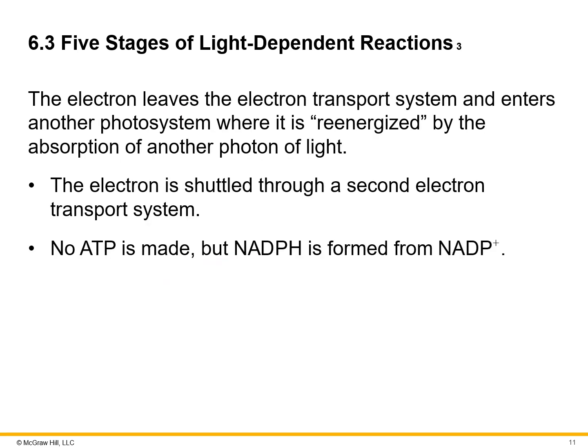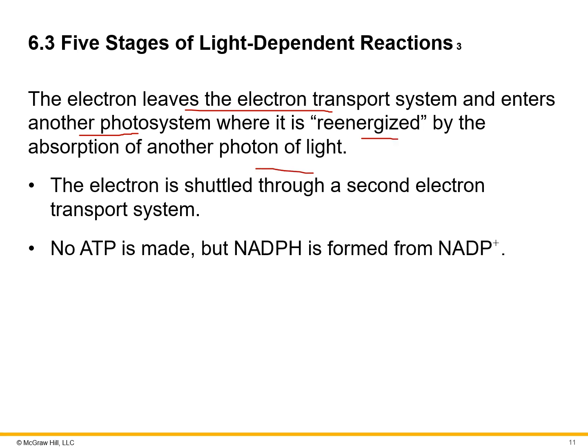All right, now that electron has to leave the electron transport chain and go somewhere else. We can't just have random electrons hanging out in the world. So it actually gets accepted by another photosystem. Again, we have electron donors and electron acceptors. For some photosystems, it's the electrons lost from another photosystem that come back. They get re-energized whenever more photons are absorbed.